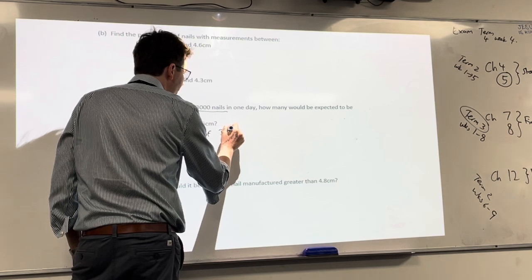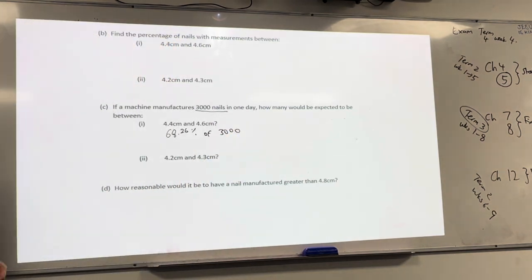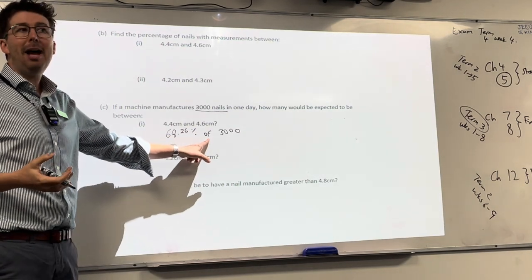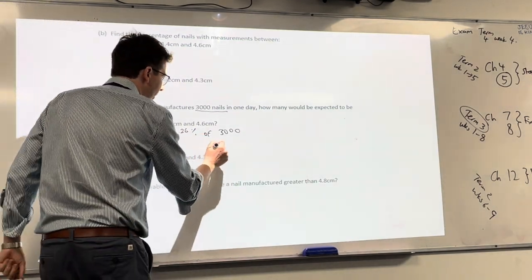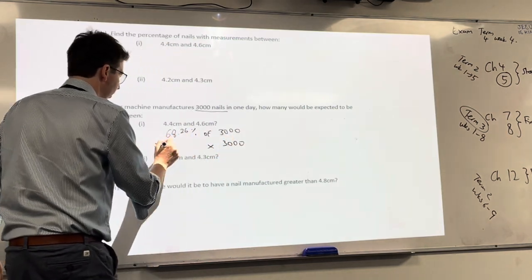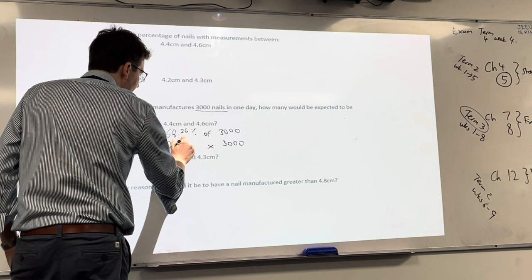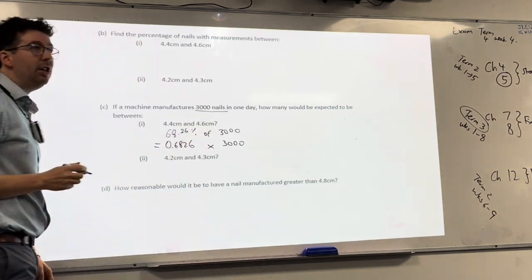68.26% of 3,000. Now, how do we work out a percentage calculation? Of, what does of mean in maths? Times. What do we need to convert 68.26% to?